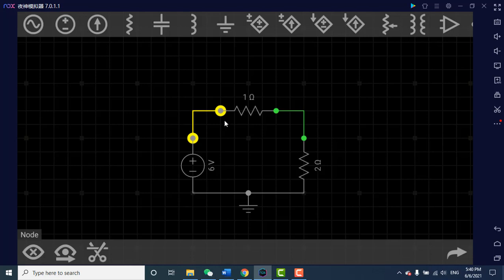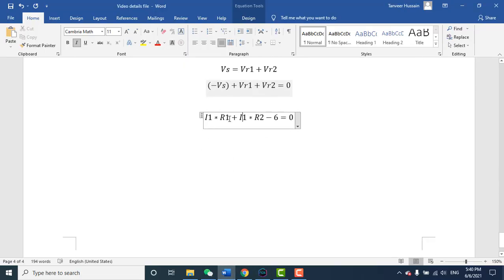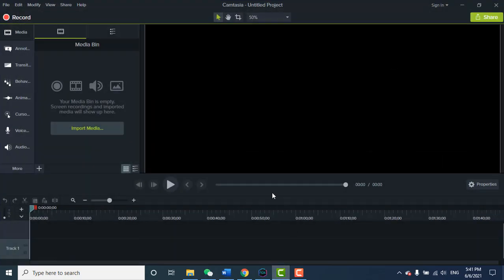We can say I1 into R1, then we write plus I1 into R2.